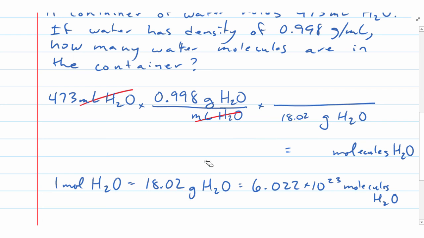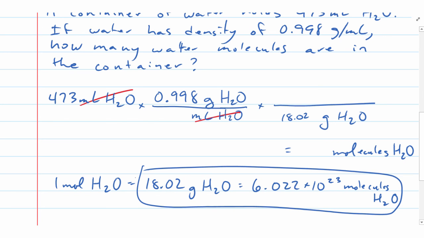And then the units that we want in the numerator are molecules. And you see, we have this conversion right here, this relationship where these two are equal. If they're equal, we can put one over the other, which means on the top we'd put in 6.022 times 10 to the 23rd molecules of H2O.